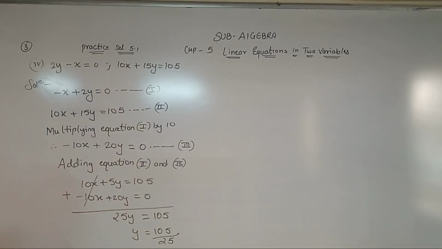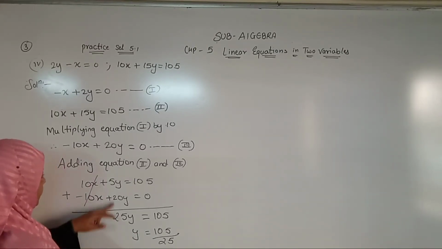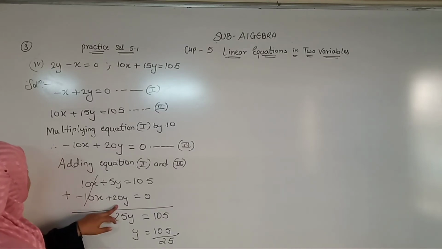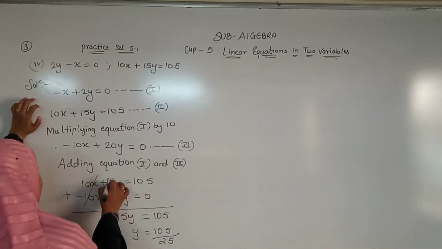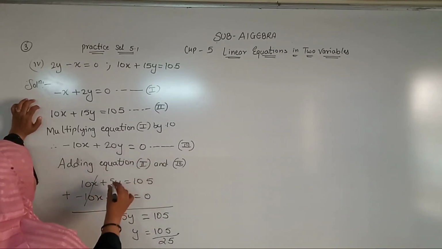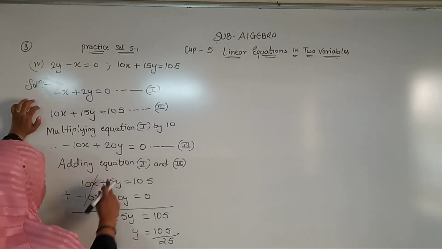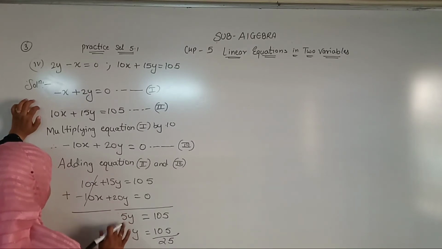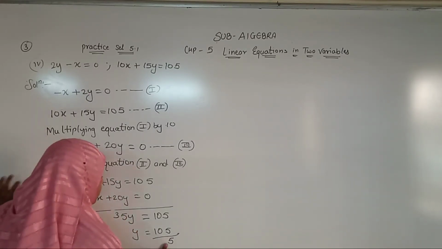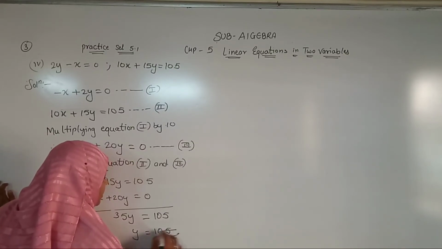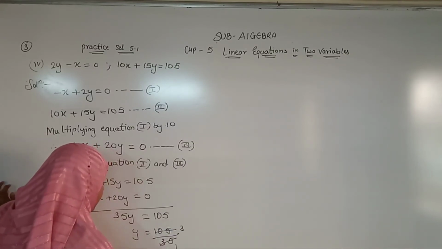So what am I missing? I have written only 5, it is 15. Okay, it is 15. So I got 35, isn't it? 35. 35 ones are 35, 35 threes are 105. So y is equal to 3, right?